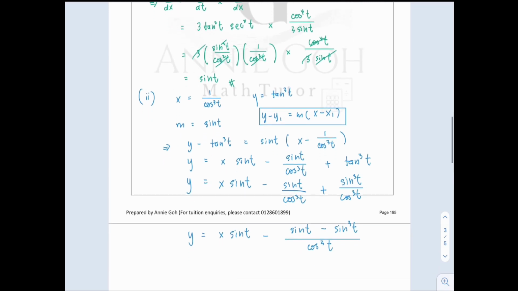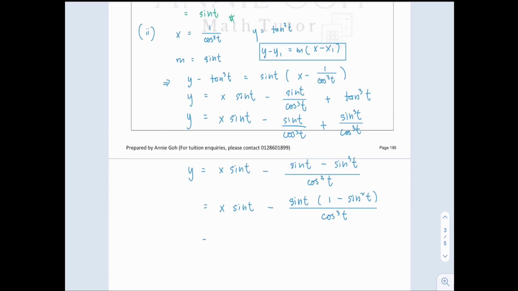And how to change it into tan t? We will just need to simplify it. The upper part, we will need to factorize the sine t. So it will be left with 1 minus sine squared t in the bracket. And what is 1 minus sine squared t?